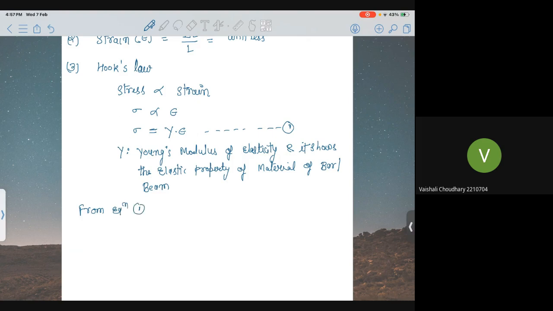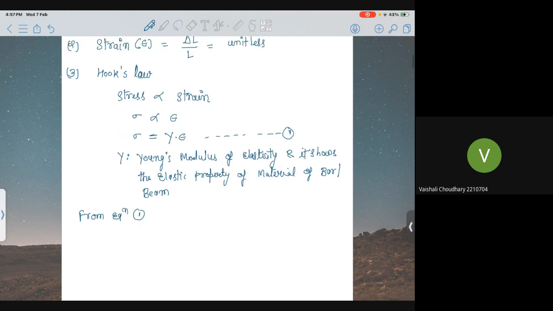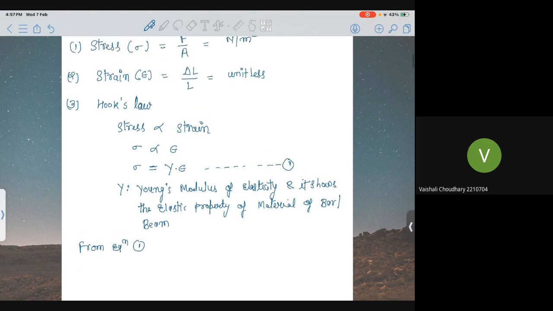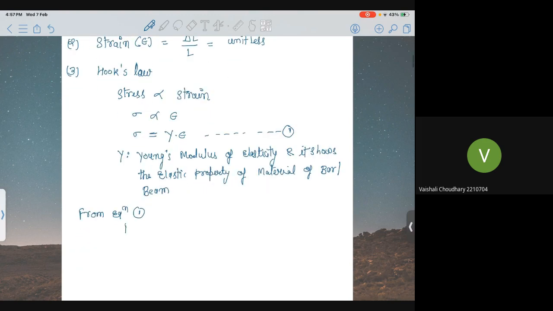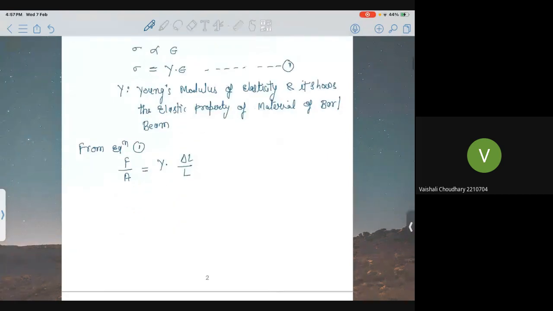if we put the values of sigma and strain, we'll get: stress is nothing but force per unit area, Y is Young's modulus of elasticity, and strain is the change in length to the original length.